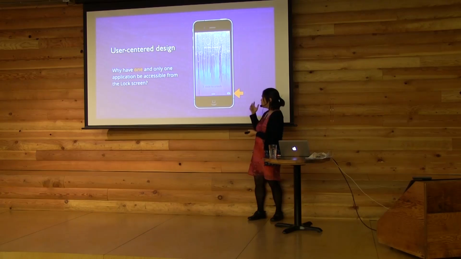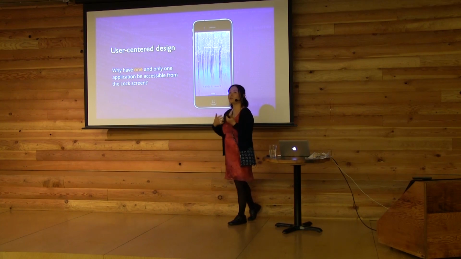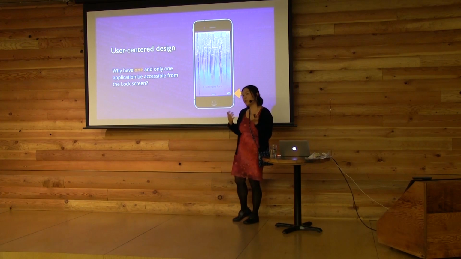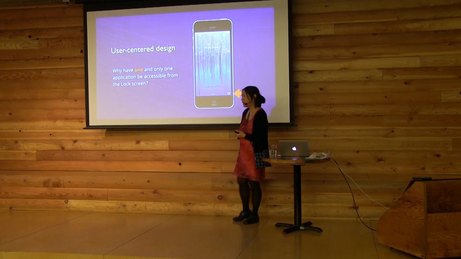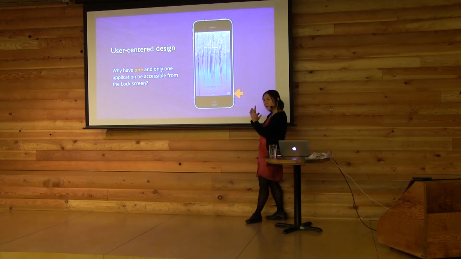Because the security issues with taking a picture are equivalent to the security issues with recording a voice memo. Okay, why is it that I can't record a voice memo without unlocking my phone? Why is it that I can't create a note or turn on my flashlight without unlocking my phone? So why one icon? Why not 5?